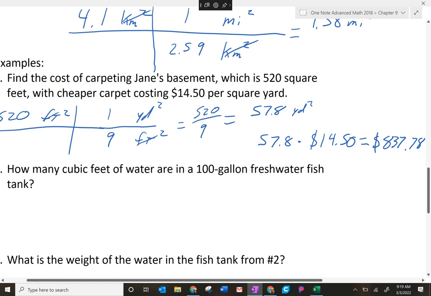It says how many cubic feet of water are in a 100-gallon freshwater fish tank? To figure out the gallon stuff, you're going to go over to the capacity table, Table 9.7 in your books on page 533.